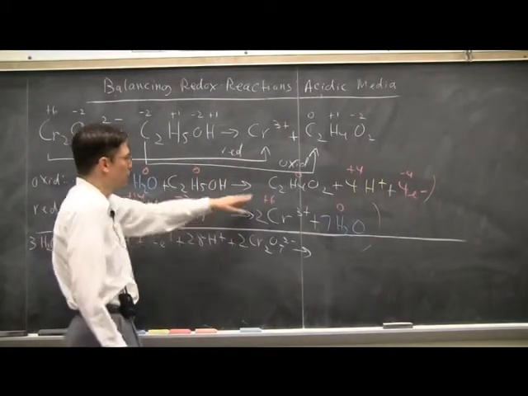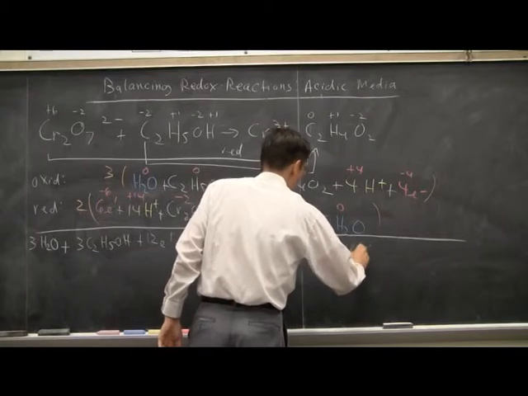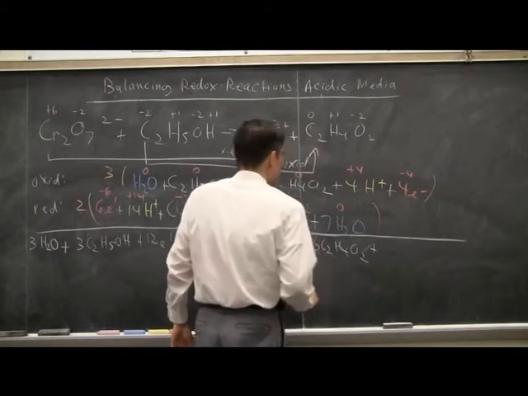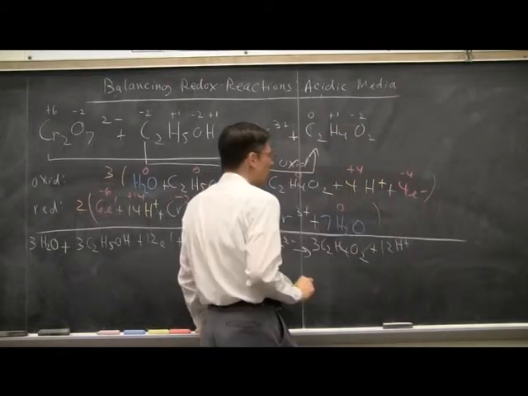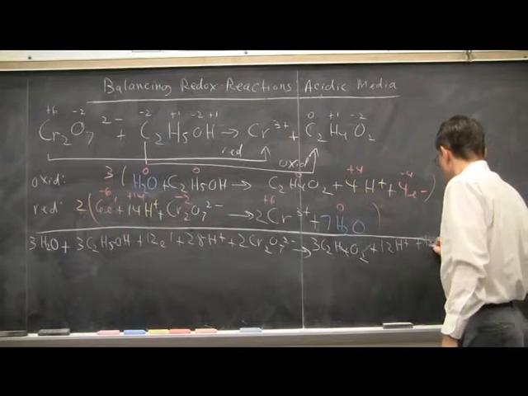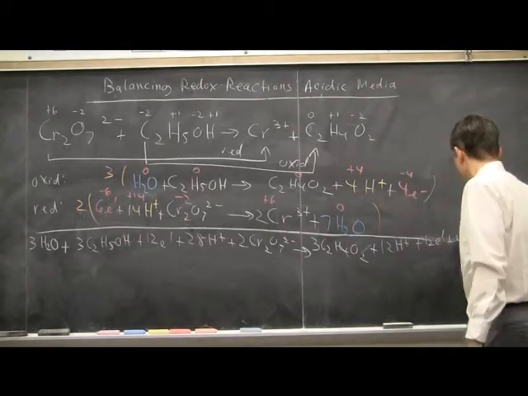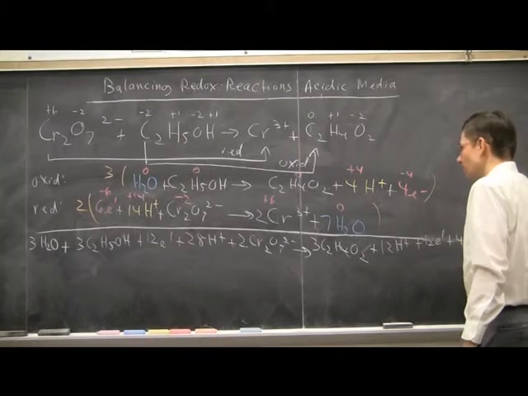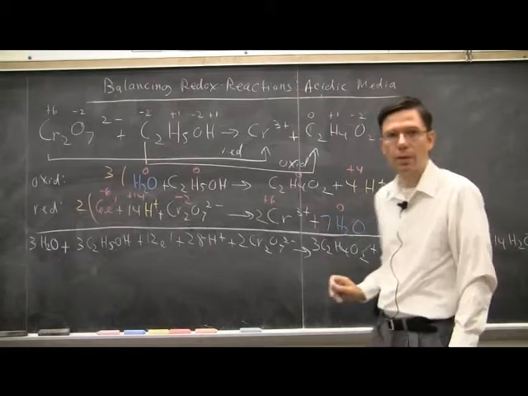On the other side, we have 3 C2H4O2, and we have 12 H plus and 12 electrons. Down below, we have 4 Cr3 plus and 14 H2O.